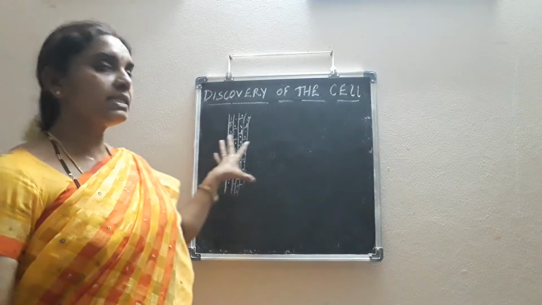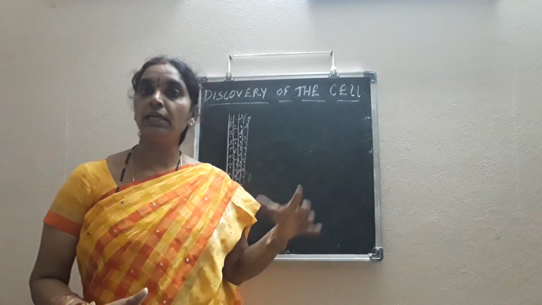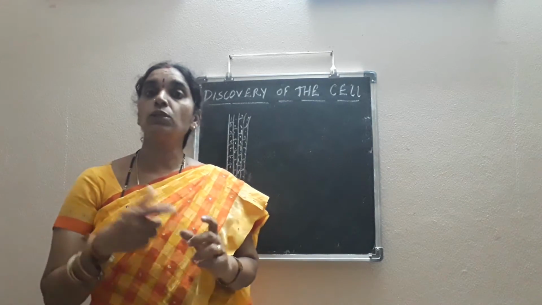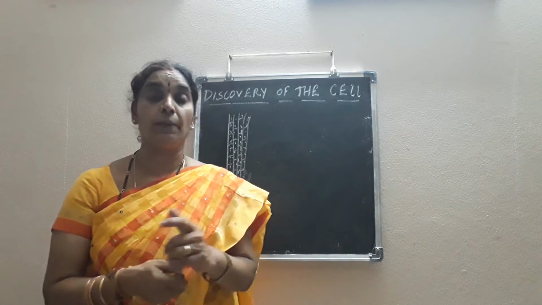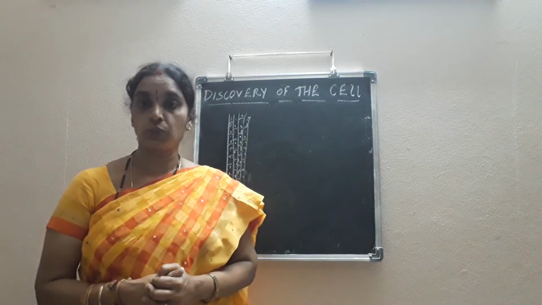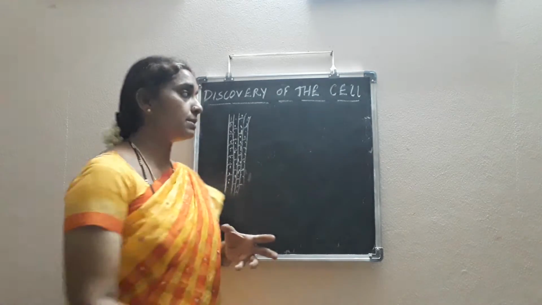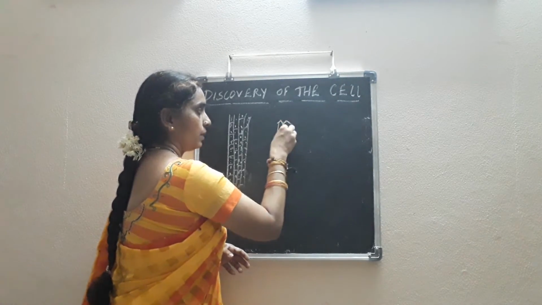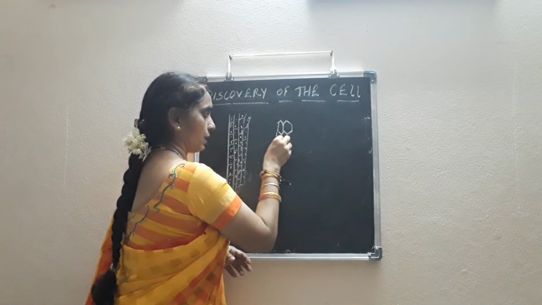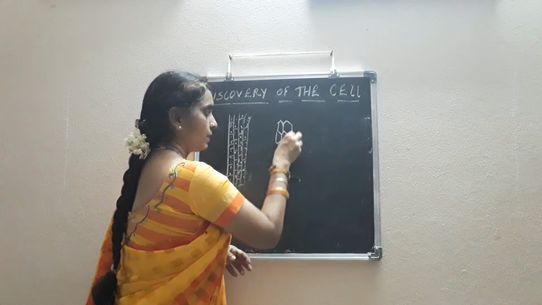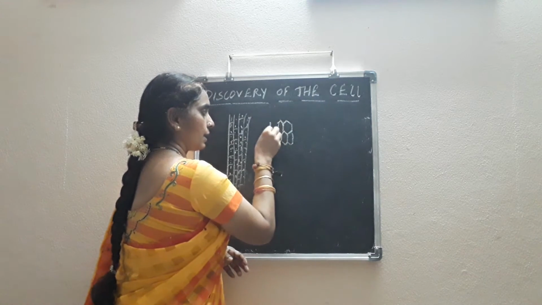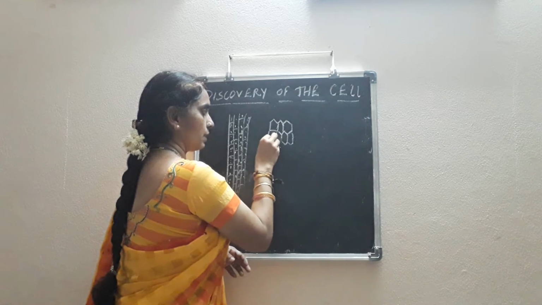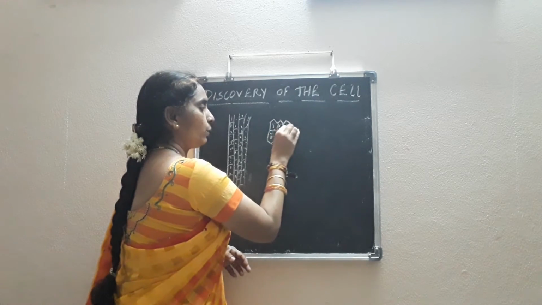Okay, children. Generally, this is very similar to the cork cells that Robert Hooke observed under his microscope. He said it's a honeycomb structure, like cavities, like little rooms. He called them cells.